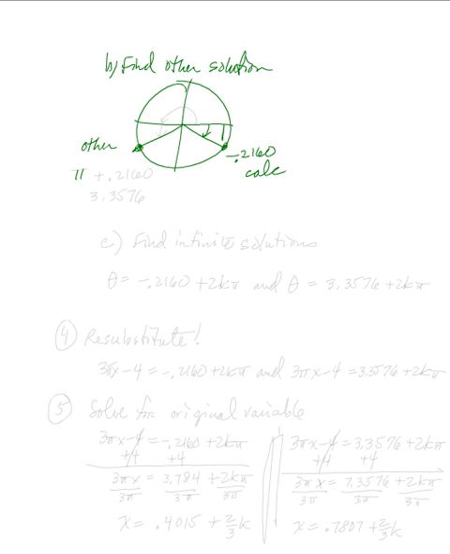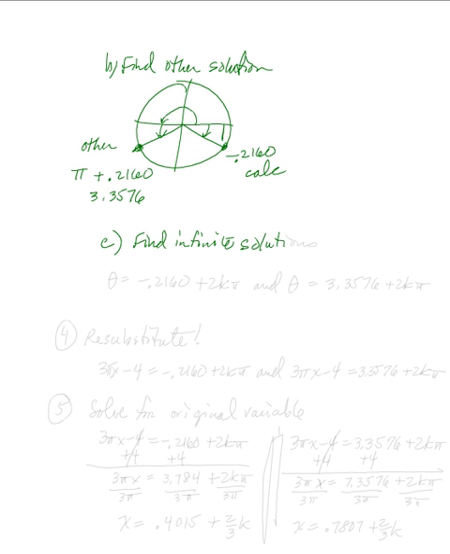And that's going to be pi plus 0.2160. Remember, this is the case where you have to work with the reference angle and make that reference angle positive, because you want pi plus the 0.2160. Gives you 3.3576.